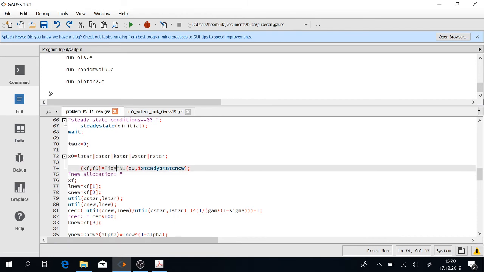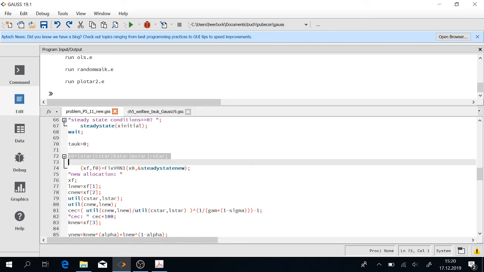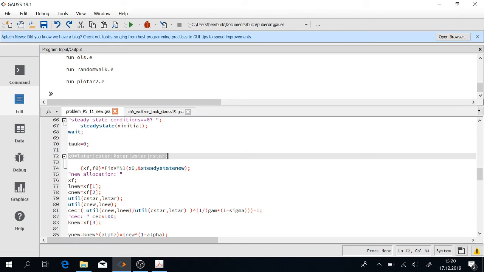And next we supply a new initial value to solve this system, steady state new, and the name for this initial value is x0. We supply, well, of course, the old steady state variables. Values for the labor supply L star, for consumption C star, for capital K star, for the wage rate W star, and for the interest rate R star.